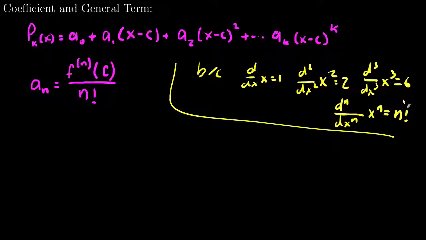So to rectify this multiplying repeatedly by exponents, I divide by n factorial. So that's going to be my coefficient.